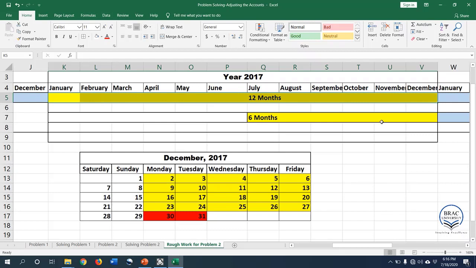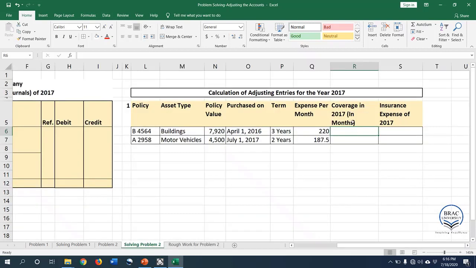As you can easily see, this insurance policy covered the whole 12 months of year 2017. So we can easily input it here. What is written here? Coverage in 2017 in months. That means how many months of 2017 this particular insurance policy will cover. As you have already learned, it is 12.